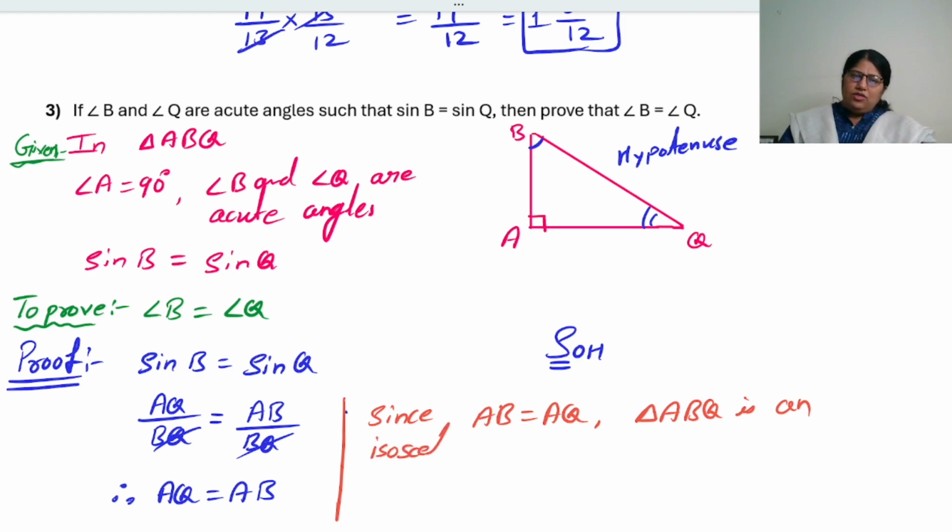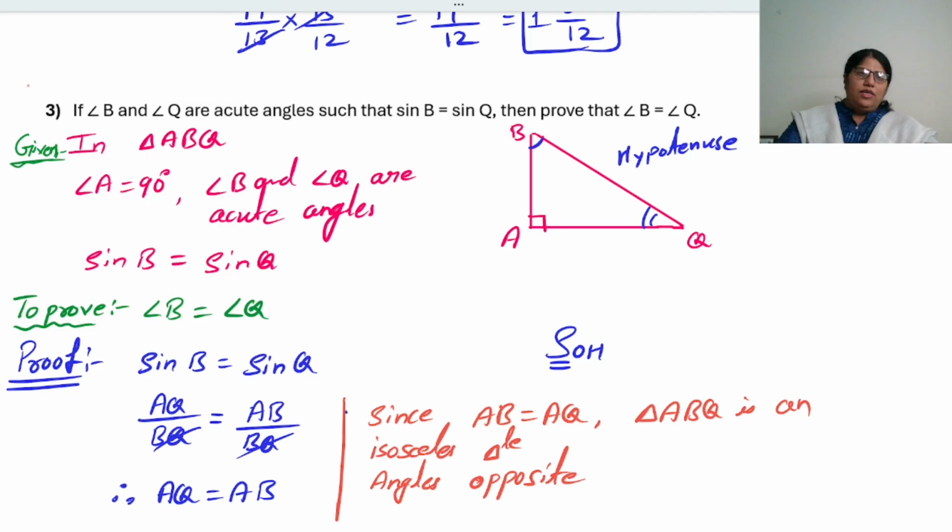And in an isosceles triangle, what do we have? The angles opposite to equal sides are equal. So you need to write down here angles opposite to equal sides of an isosceles triangle are equal. Please keep writing the right reason so that you don't lose marks.